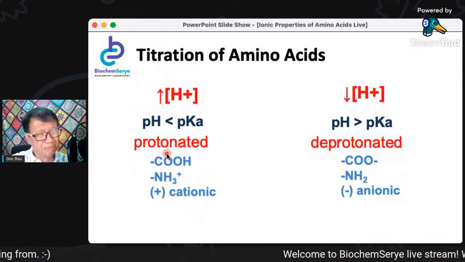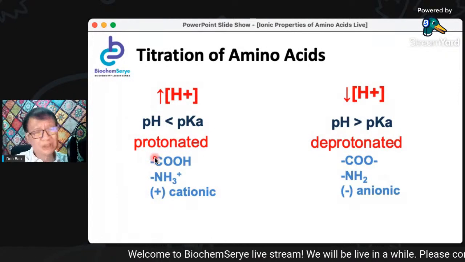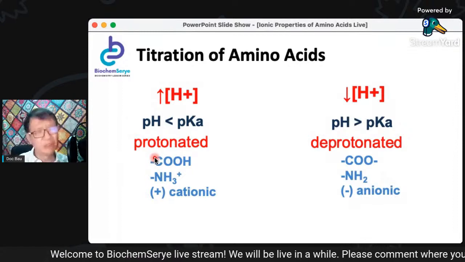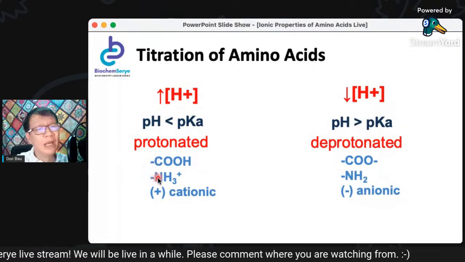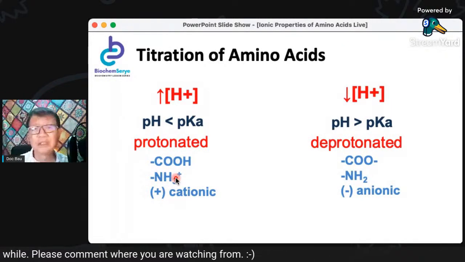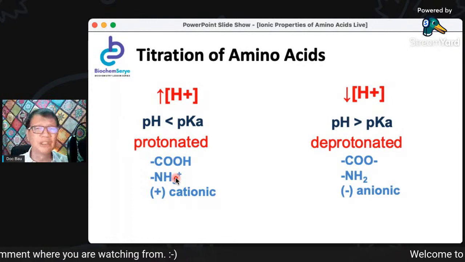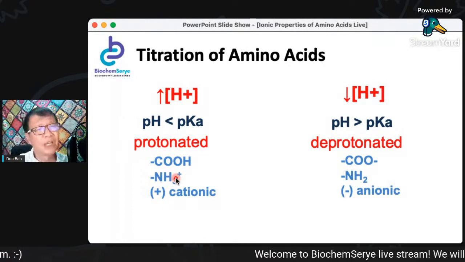What happens? Your acidic group, your COOH, although it's generous, will not have to give because you have a lot of hydrogen ions around in the environment. And your amino group, since it's basic, is actually selfish: it will now hold on and be happy with its hydrogen ion.